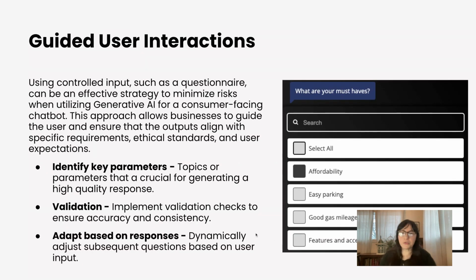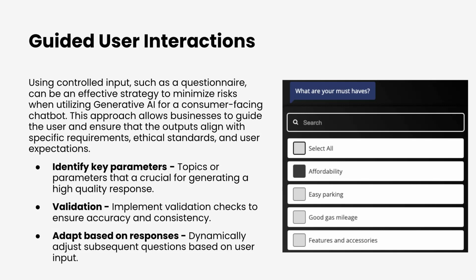And then another great tool is in the design of how the user is going to interact with Gen AI. So we found that controlled input through a tool such as a questionnaire is a really effective strategy. We're able to identify key parameters.